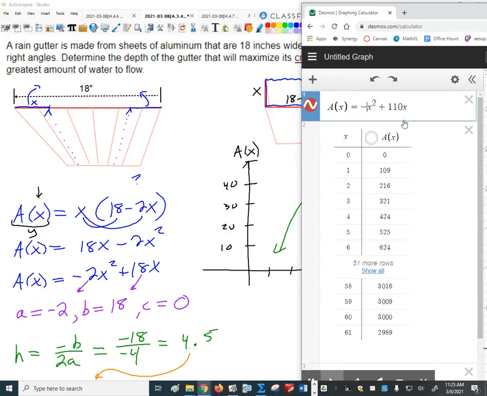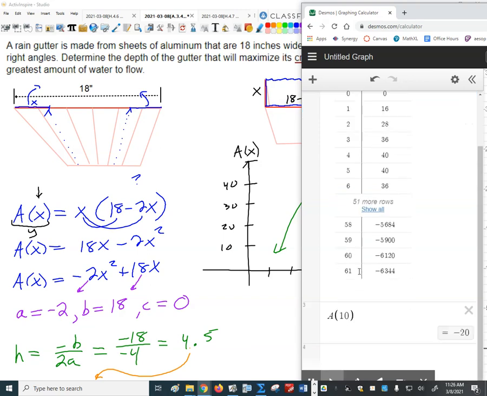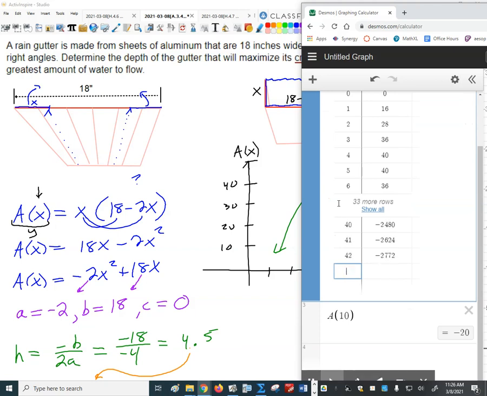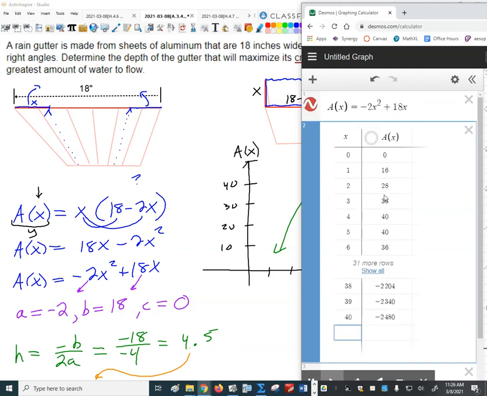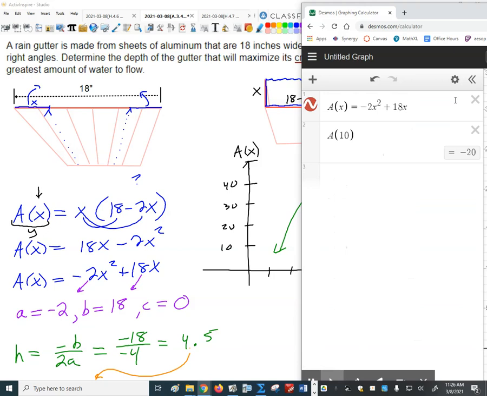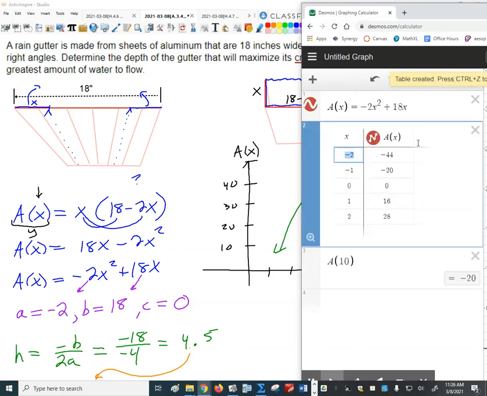So this time it's negative 2x squared plus 18x. Oh, that's going to take forever. If I recreate, oh, there we go, good.